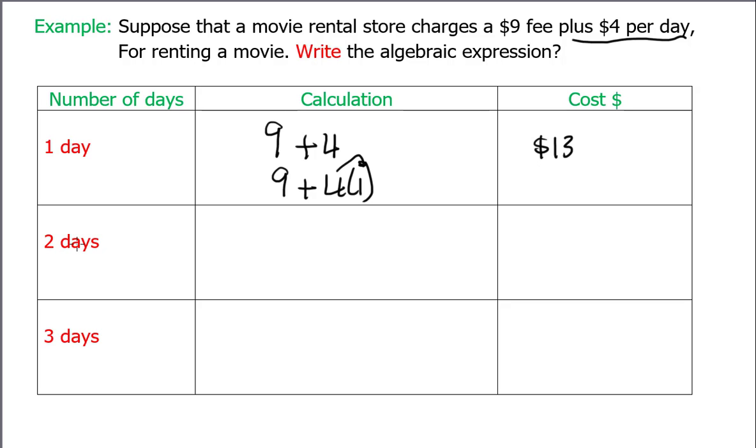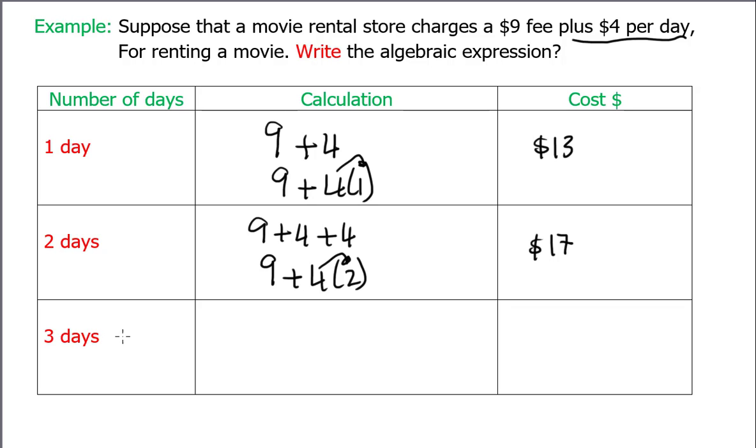For 2 days, it's $9 plus $4 for day 1 and $4 for day 2. We rented 2 days at $4 each day, so we write 9 plus 4 times 2. 4 times 2 is 8, and 9 plus 8 is 17.